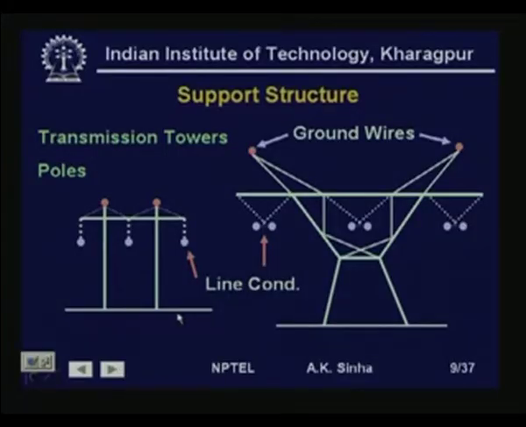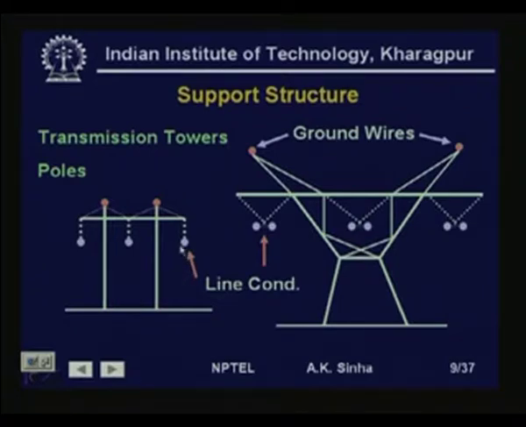Next, we talk about the support structure, which is normally transmission towers or poles. Now, here you can see that we use different kinds of structures depending on the voltage level. So, at lower voltage level we can use this kind of a structure.